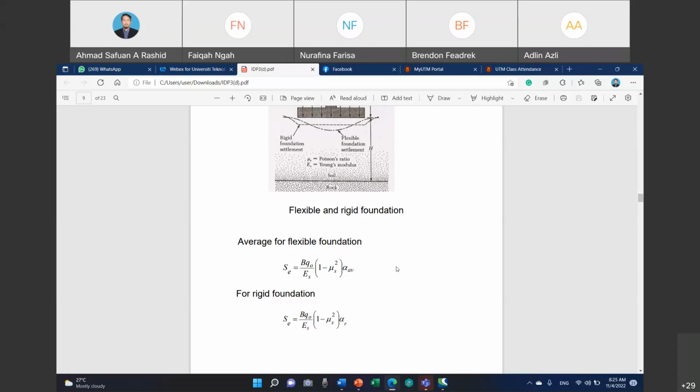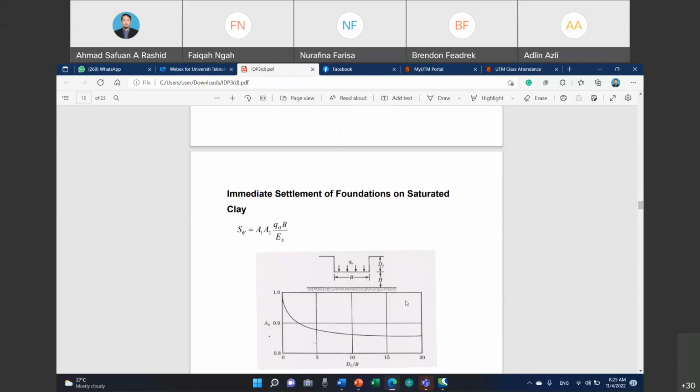Sebab kalau lebih 25, walaupun dia boleh cater bearing capacity, dia tidak capai keadaan yang dibenarkan dalam serviceability limit state, SLS, although it is already stable under the ultimate limit state condition. So pastikan yang tu awak tengok, nanti kalau waktu present takut benda tu awak tak perasan. Settlement melebihi 25.